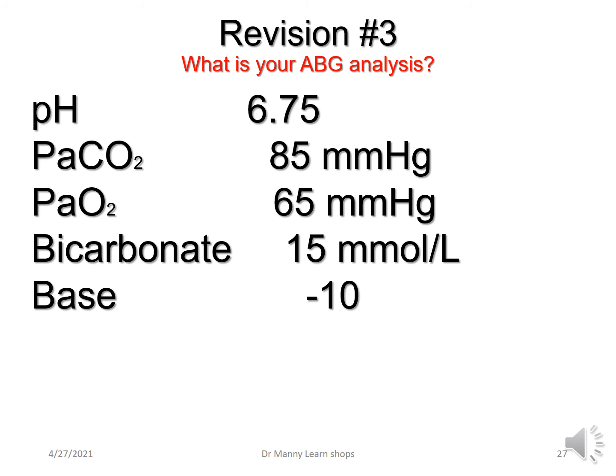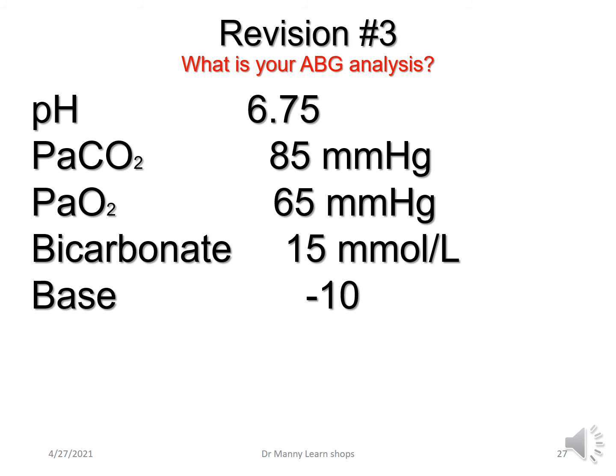The bicarbonate is low as well, indicating acidosis. It's being used up for some reason. The base, total body bicarbonate, is being used up. It's minus 10. It shouldn't be more than minus 3. So therefore, what do you think we have apart from hypoxia?